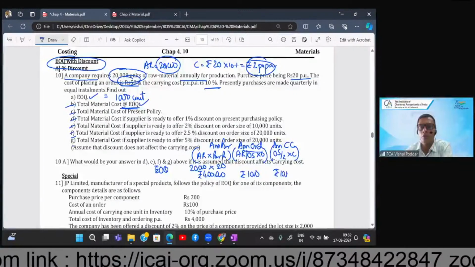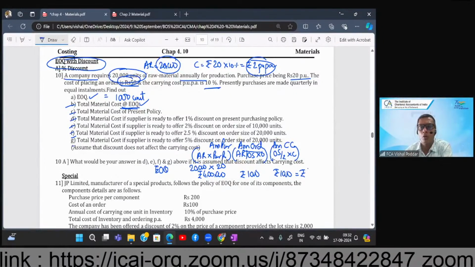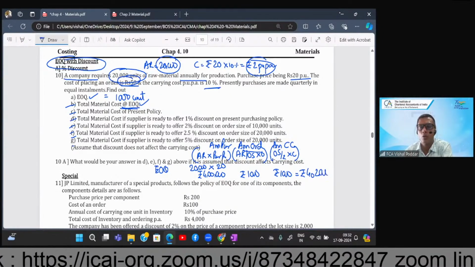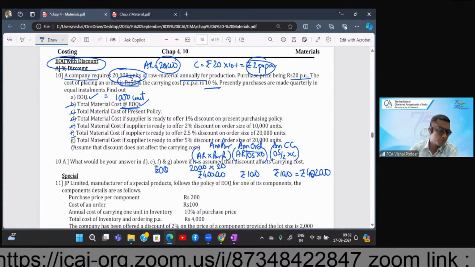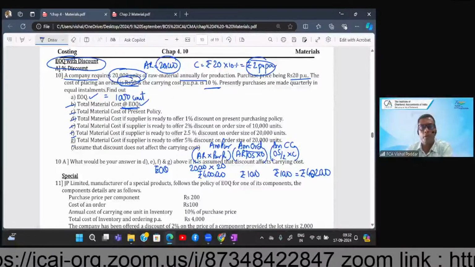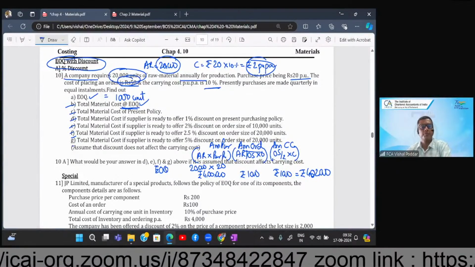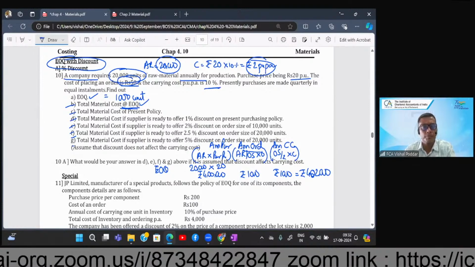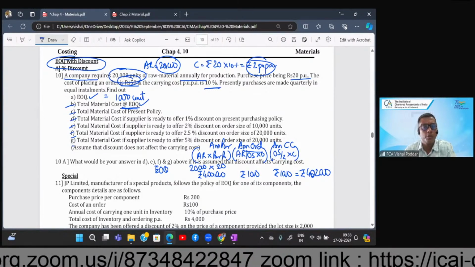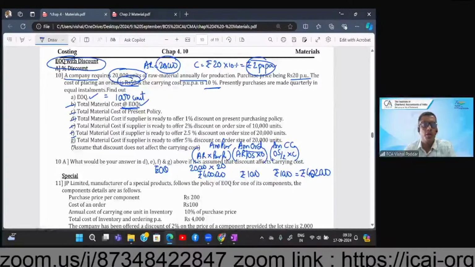Carrying cost is also 1,000. So my total cost is 4,02,000. I hope everybody is getting this answer. 4,02,000 is my total cost at EOQ.